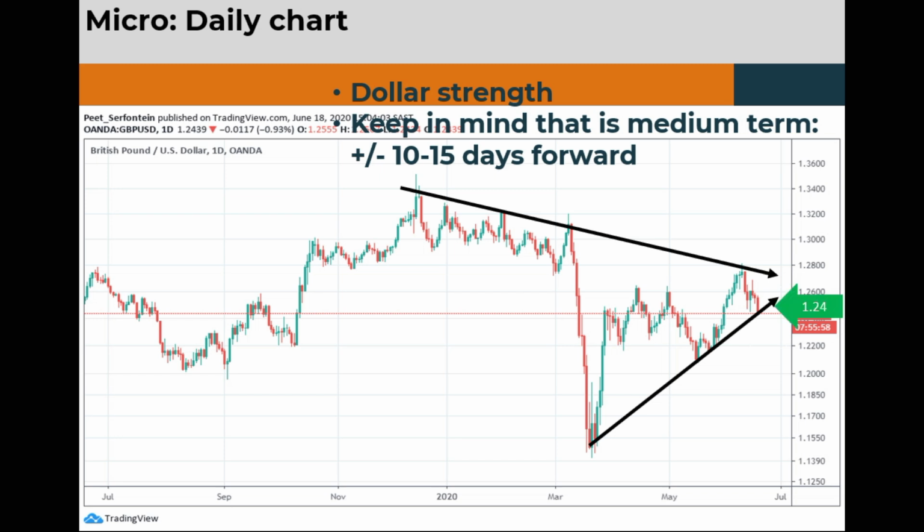And then the question is always, what's my downside potential? 1.24. But interesting to see that my downside potential is sitting at a very important trend support. So if it starts breaking through this level, we can see some downside potential. So what's my upside potential? Sitting at 1.27.